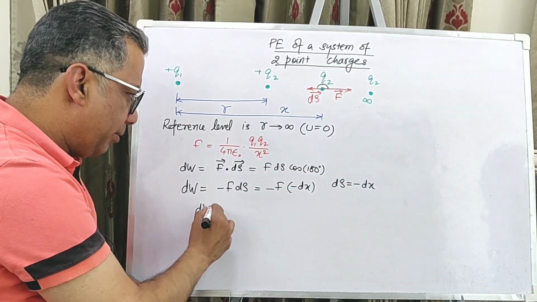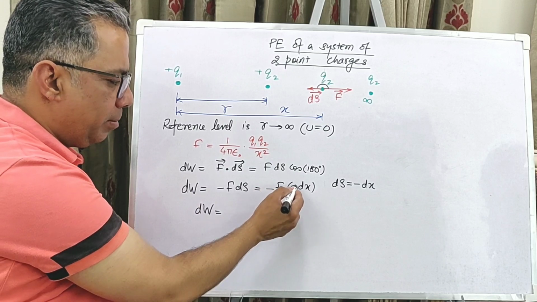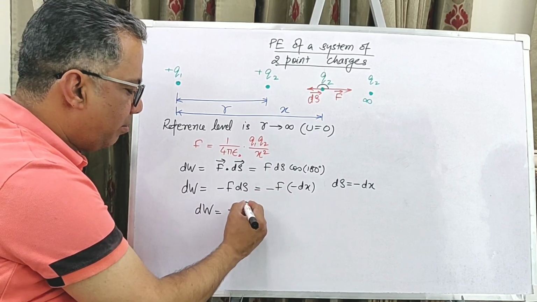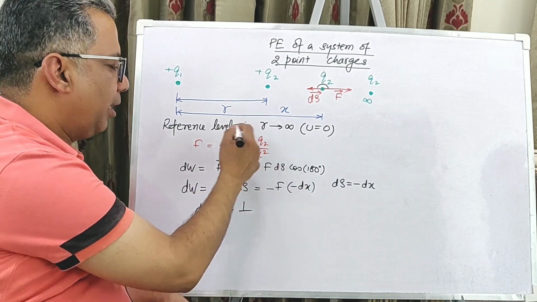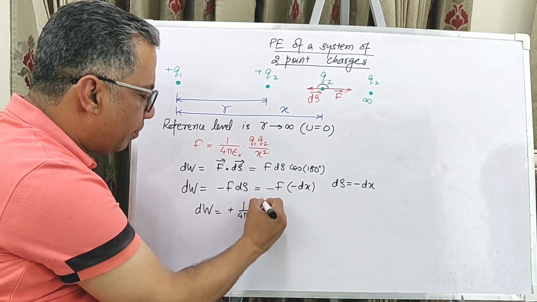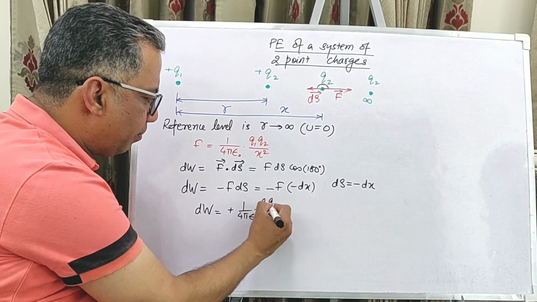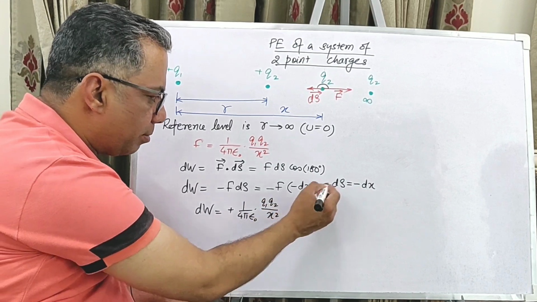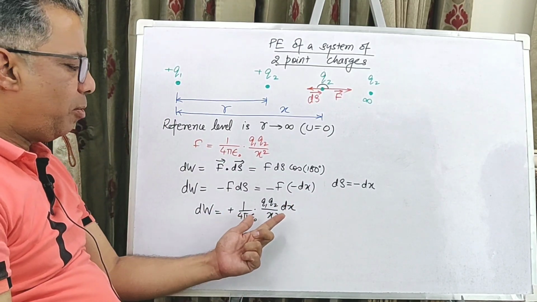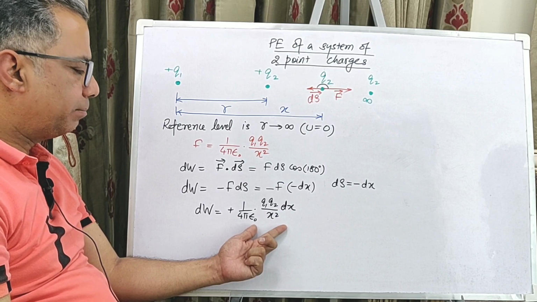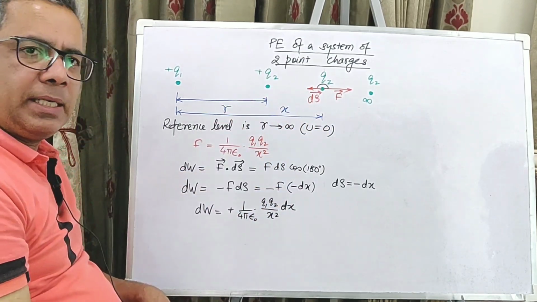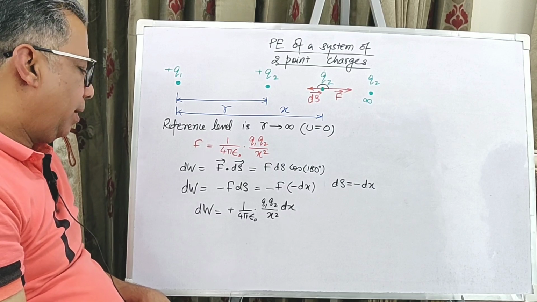This dW now comes out to be minus and minus becomes plus. F of course is 1 by 4 pi epsilon naught q1 q2 by x square into dx. This is dW, the small amount of work done when we displace this charge by ds.